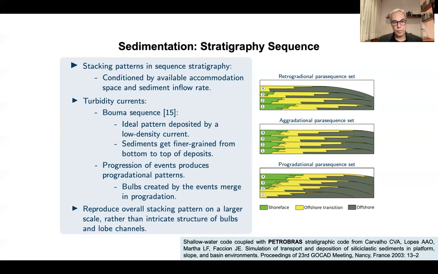So we try to reproduce the overall stacking pattern on a larger scale rather than the intricate structure of lobes and channels. This can only be simulated by a full 3D simulation, as we're going to see later. So we are coupling our shallow water code with a stratigraphic code from Petrobras that is described in the reference below.